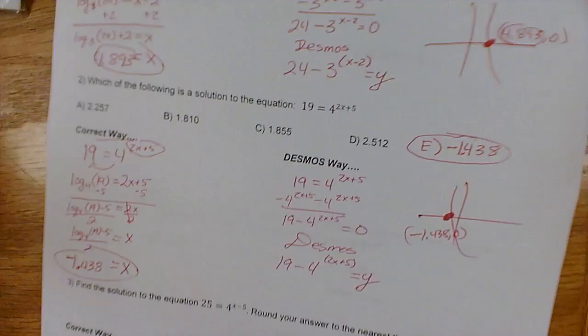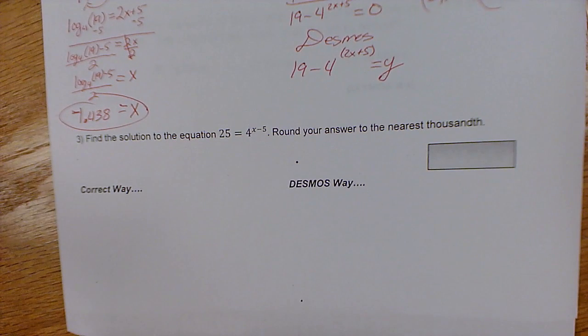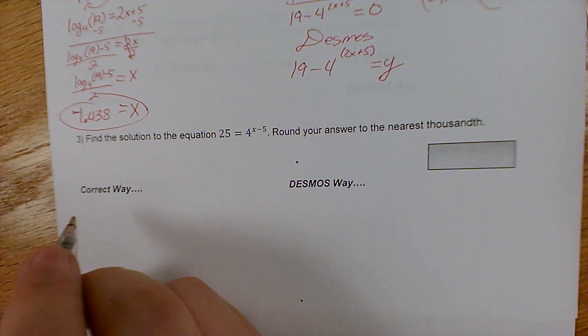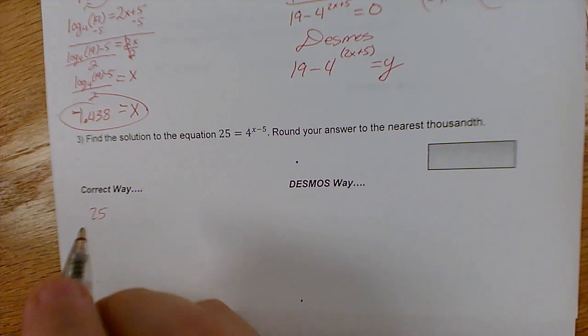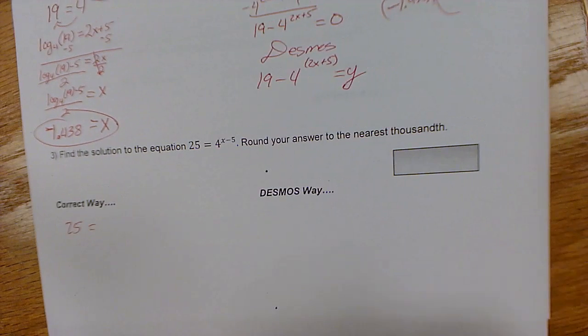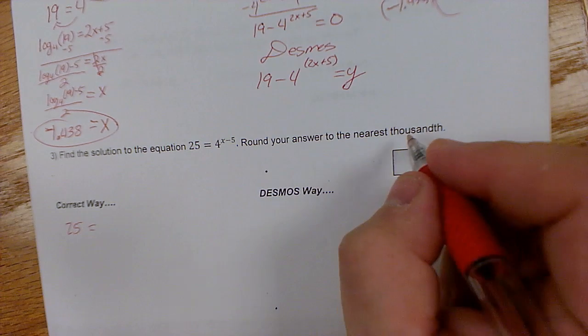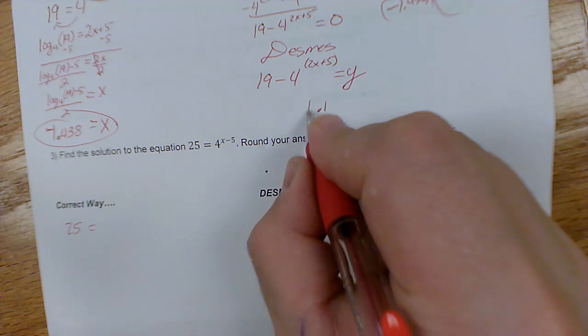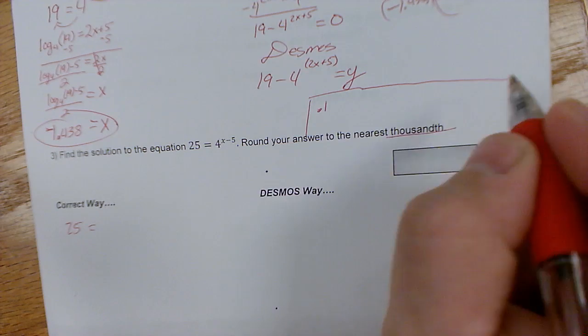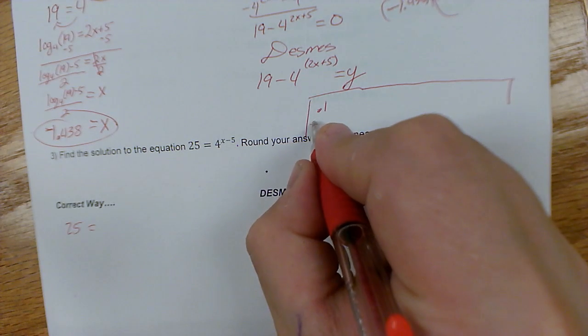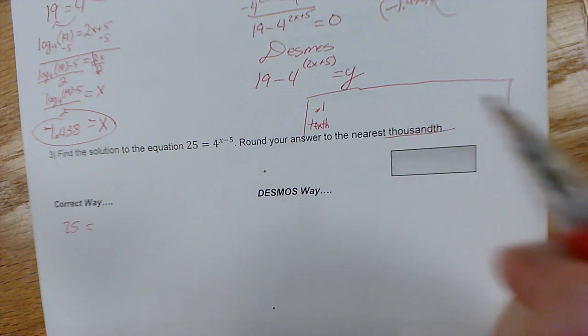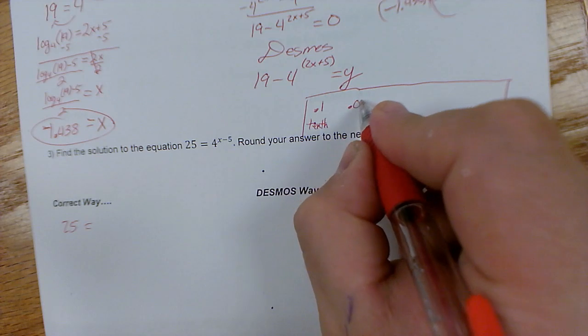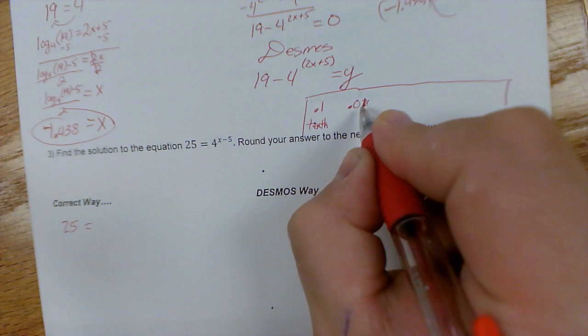So one more, just to hit the home run here. We'll have 25 is equal, I guess the thousandths. So we need to review what thousandths is. So like if it's one decimal place, and this is just a review of your decimal places, this would be called your nearest 10th spot. So 1 decimal place. 2 decimal places is what you call your 100th.